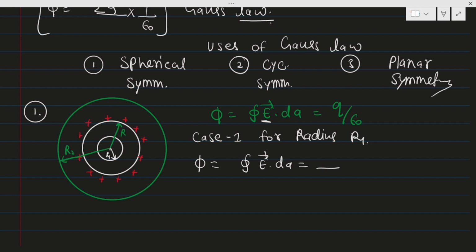There is no charge inside this sphere, so this is 0 upon epsilon naught. So there is no flux passing through the sphere of radius R1.